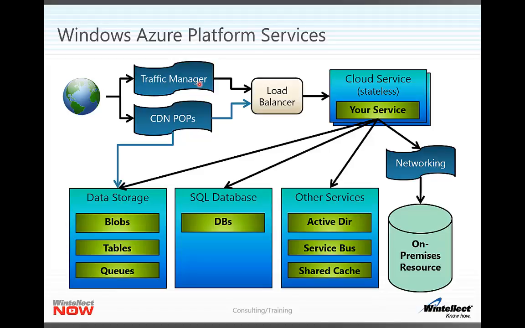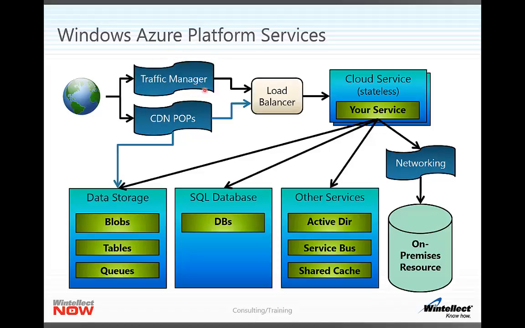Another reason to use the Traffic Manager is you might have your code set up in the United States and also in Europe and also in Asia somewhere. And when a client request comes in, the Traffic Manager can direct the incoming traffic to the data center that is closest to the customer, thereby giving them reduced latency and improving the performance of your service responding to that customer request. The Traffic Manager is an optional service.